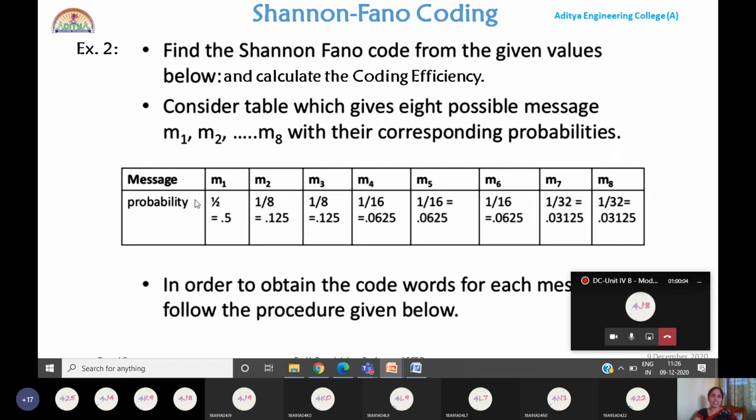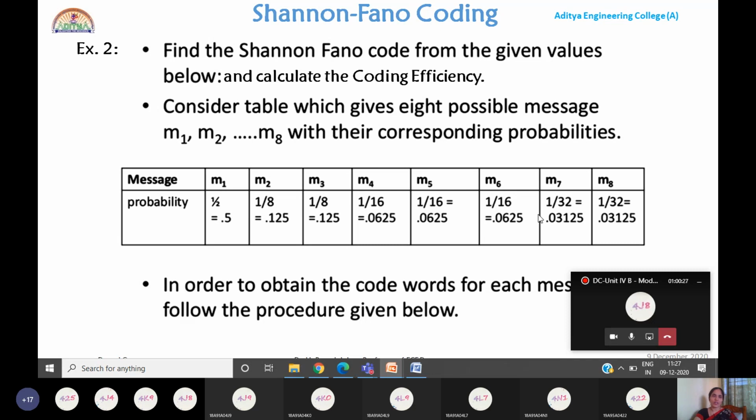Meanwhile, other students can take the probabilities and start doing the process. So the first probability is 0.5, the second probability is 0.125. Whenever it is in the form of ratios, divide 1 by 2 and you will get 0.5.